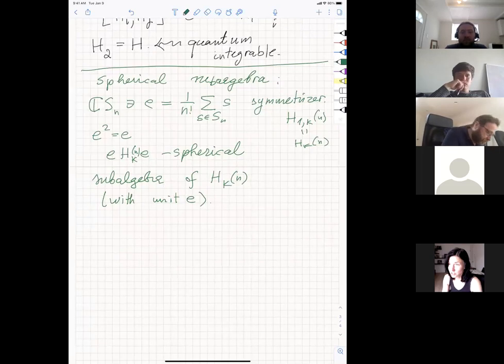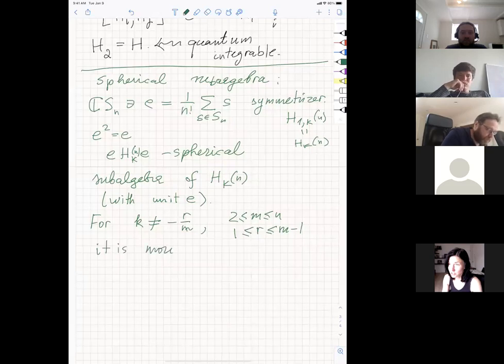So for generic K, so for K not equal to minus r over m, where m is an integer between 2 and n, and r is an integer between 1 and m minus 1, it is Morita equivalent to HK of n.